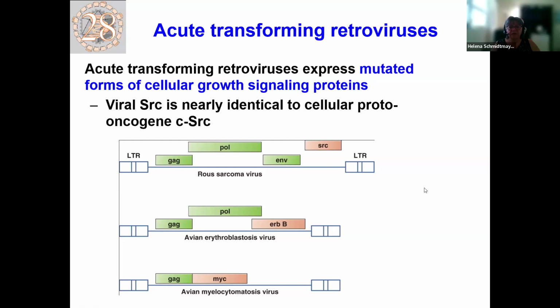MYC is a very interesting transcription factor because it regulates over 15% of our gene transcription. However, what is very important from the point of the transformation is that it also regulates synthesis of the cyclins. And we know cyclin activates CDK. CDK enables promotion of the cycling. So MYC brought to the cells functions as an oncogene.